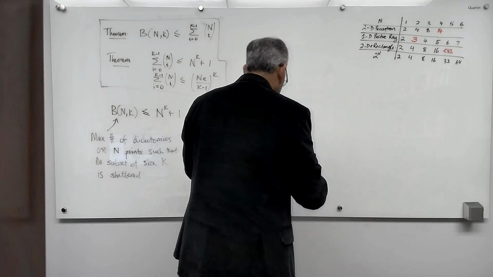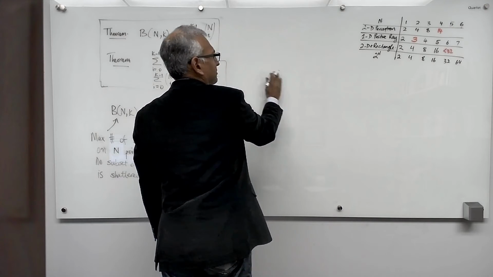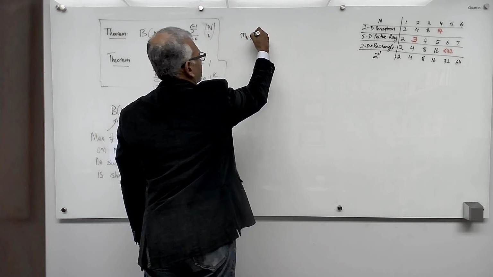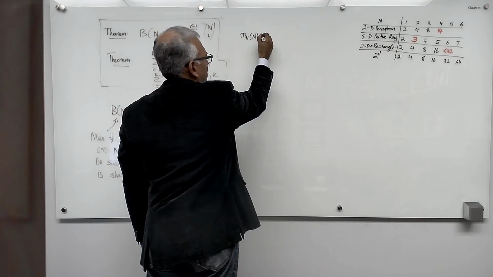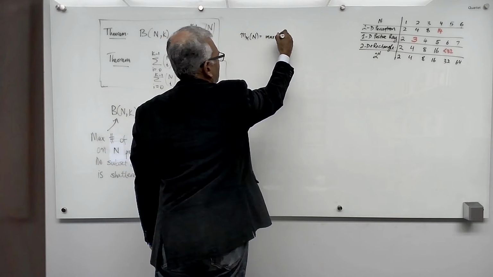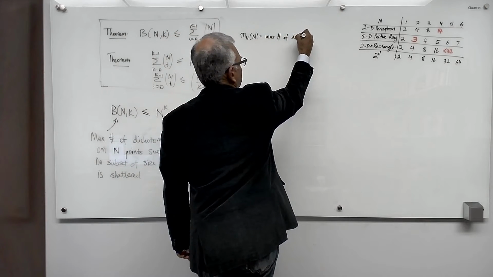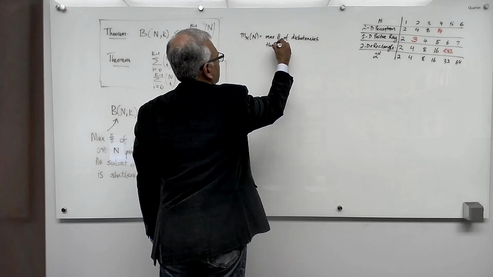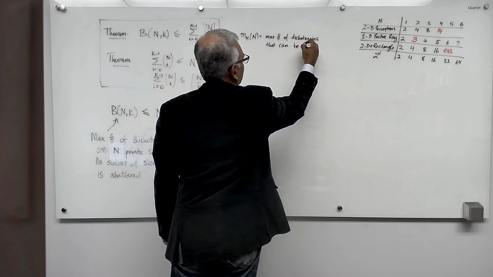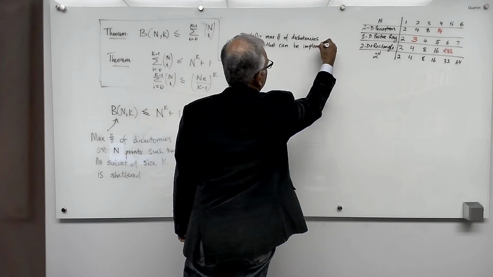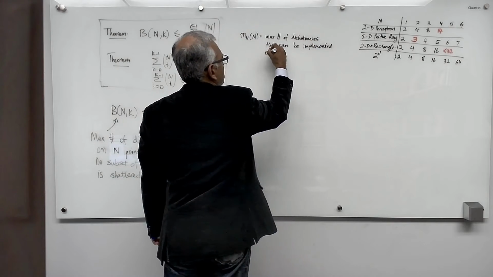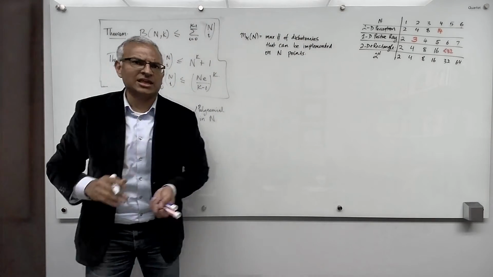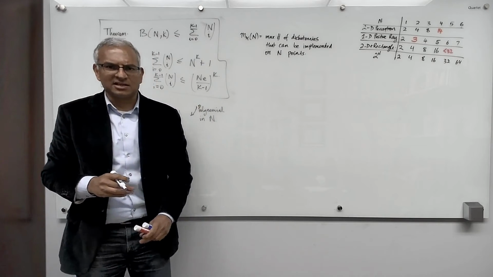So the growth function, let me remind you again of the definition. The growth function, m sub h of n, for the hypothesis set h, is equal to the max number of dichotomies that can be implemented on n points. And you get to pick those n points. You're trying to maximize the number of dichotomies.